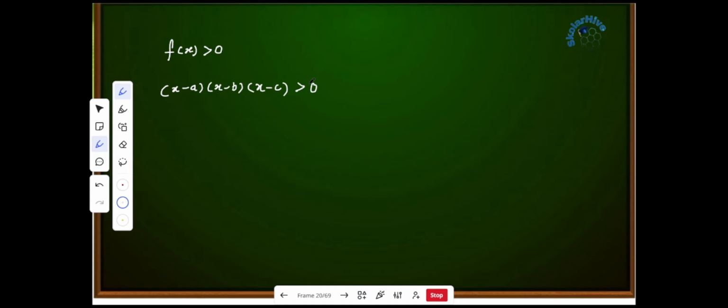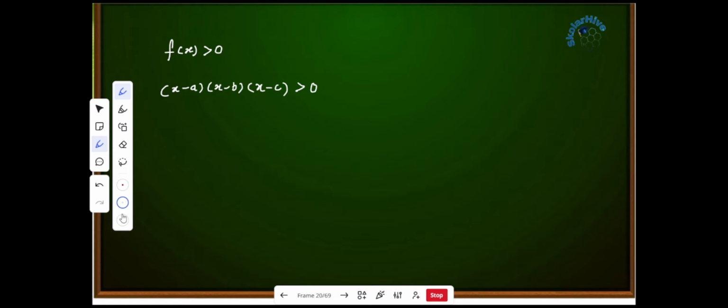Now if we want to find the zeros for this, what we'll do first is find the critical points for these expressions. The critical points of an expression are nothing but the values of the variable which make this expression become 0.